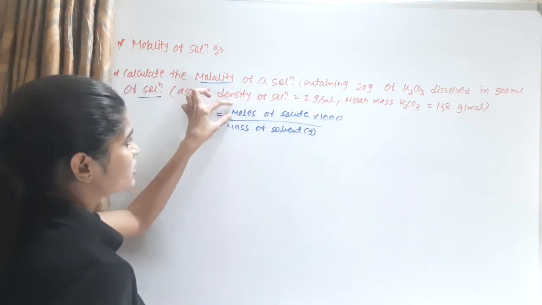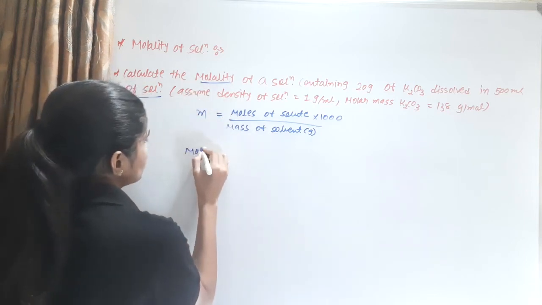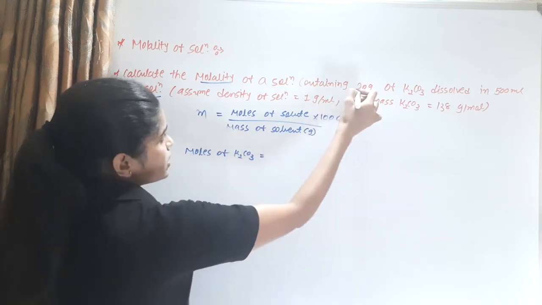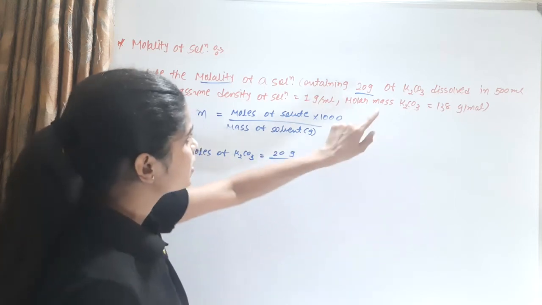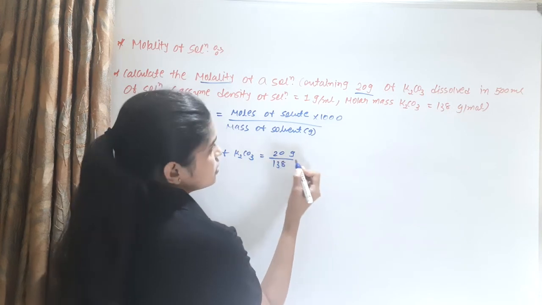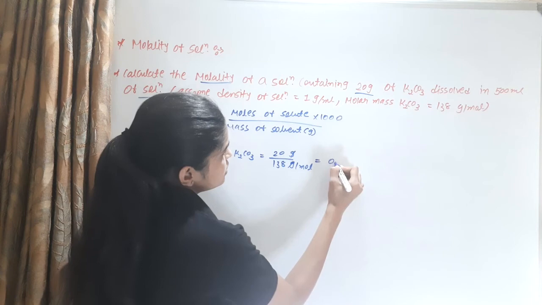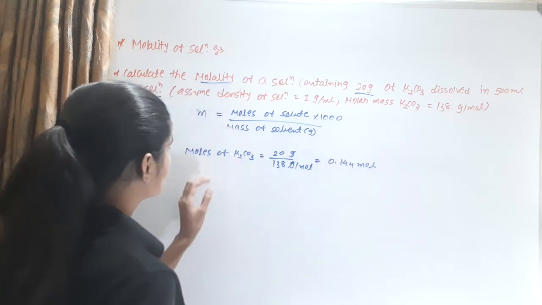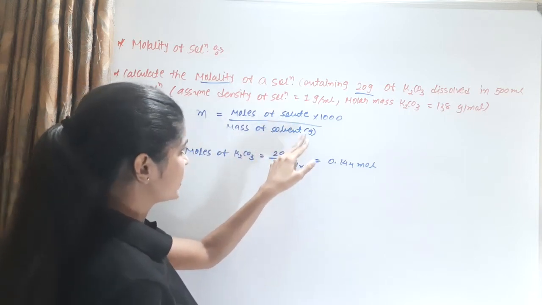First we find the moles of solute. How to find the moles of solute? Moles of K2CO3 is equal to the given weight 20 gram divided by its molecular mass 138 gram per mole. Gram cancels out, and it gives 0.14 mole. That is how we find the moles of solute. Then find the mass of solvent in gram.